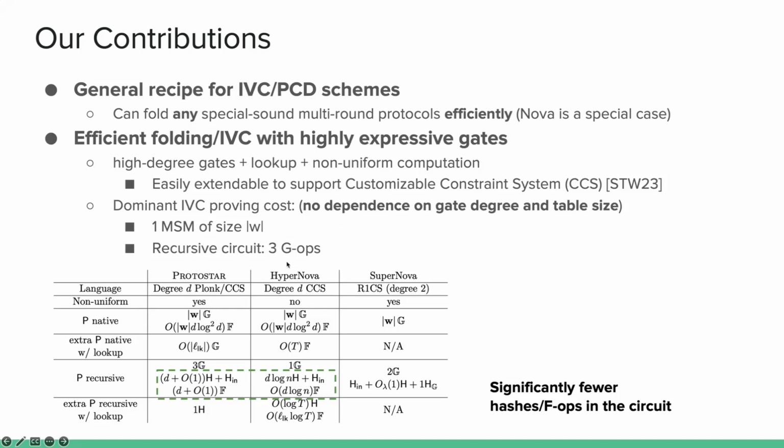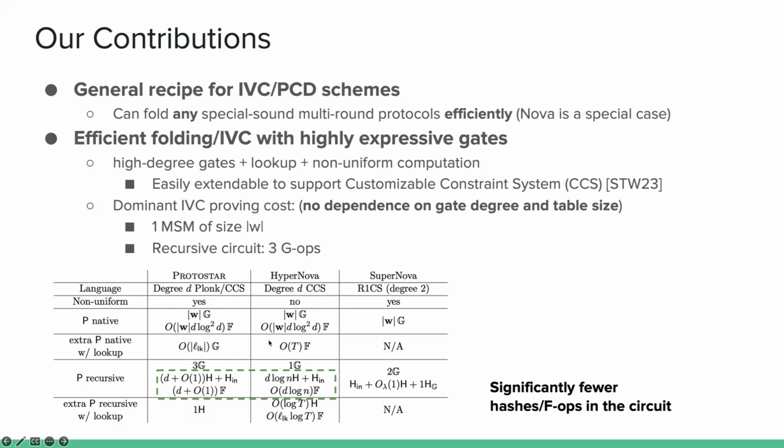We also note that there is a concurrent work called HyperNova, which also achieves some similar results. However, we think that for lookup, they need to work a lot more, and the complexity is slightly higher. In comparison, our lookup support is almost free, with almost negligible overhead.